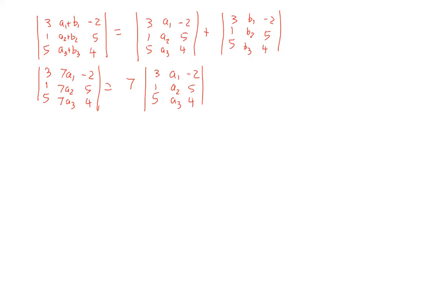Conversely, if you multiply a determinant by a number, you can put that number inside the determinant in a row or column of your choice. If I had the 7 here, I could choose to put it in the second column, or the first column, or the third column, or the first, second, or third row. It's up to me to choose. Any questions here, please?